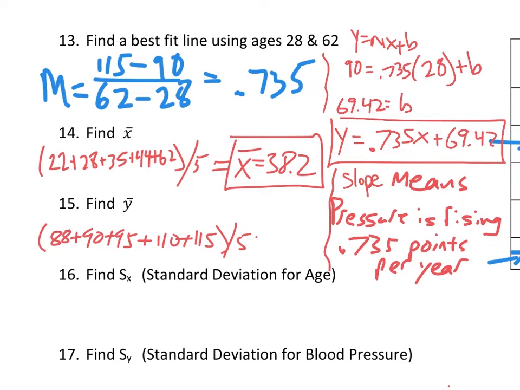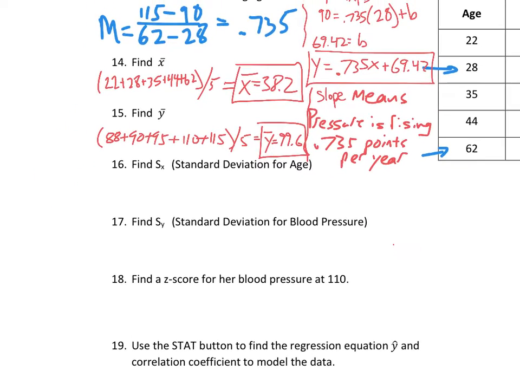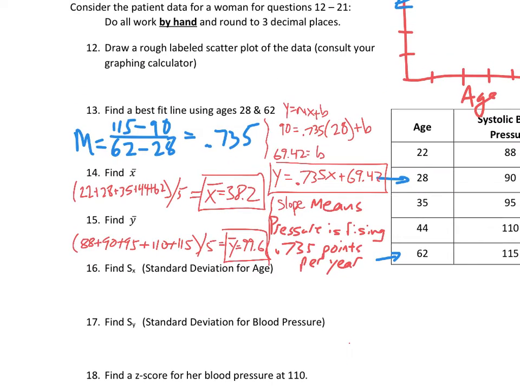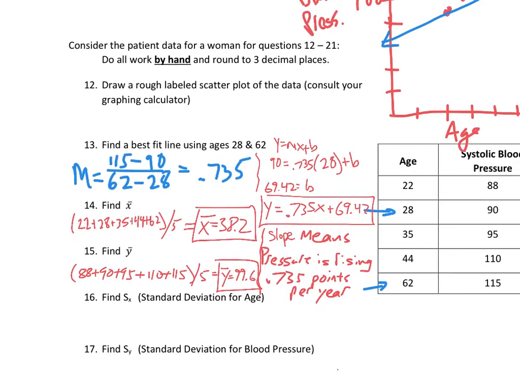And that's going to give us a y bar actually, of 99.6. All right. Now we need to find the standard deviation for the x and the standard deviation for y. And we need to be ready to do that by hand.